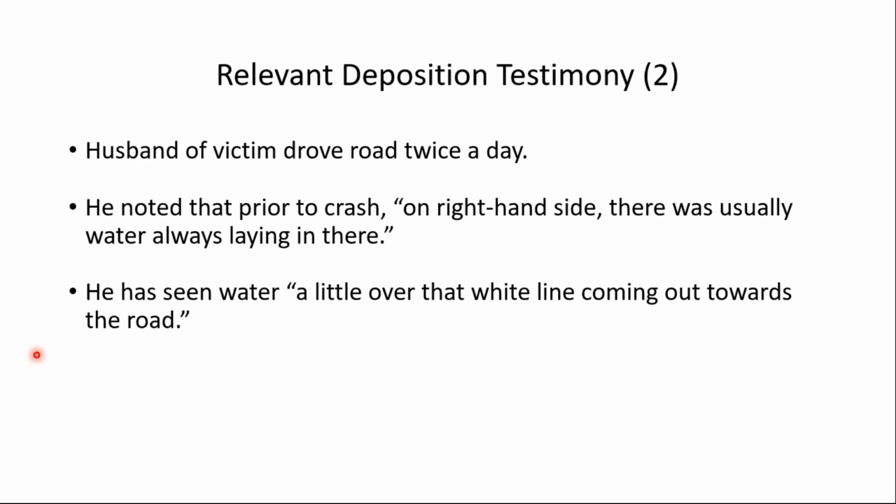And of course, one of the arguments the defendants were making was, well, you were aware of this water. Don't you think you might have passed the word on to your wife, because you knew she drove that road twice a day to and from work as well? So if you cared about her safety, you would have mentioned that to her as well. And the idea being that maybe she should have been on notice about this icing condition.